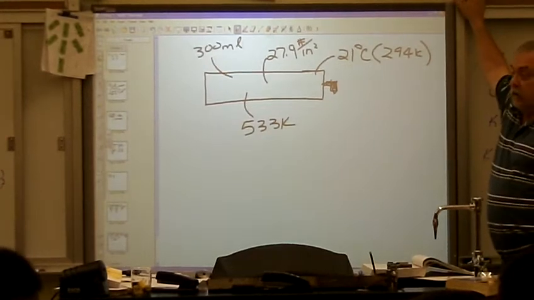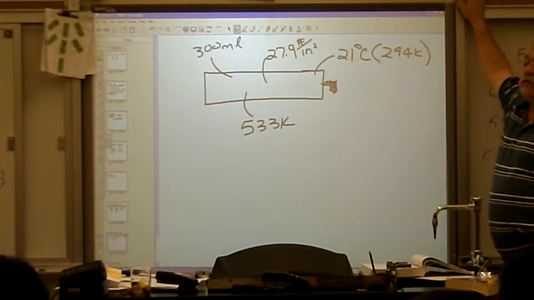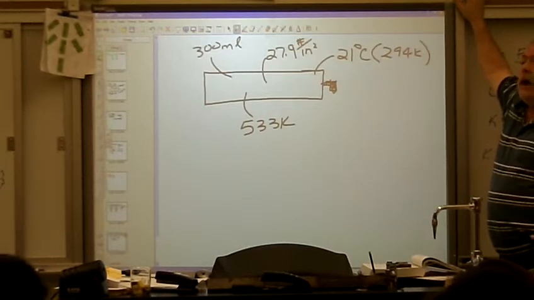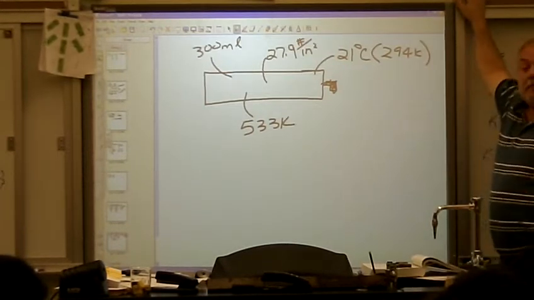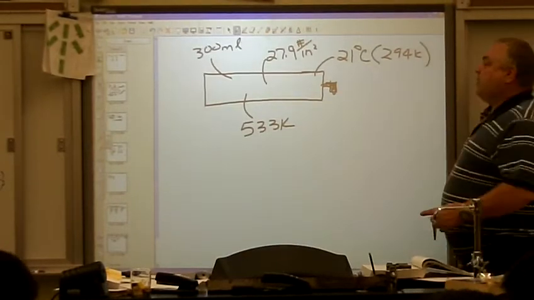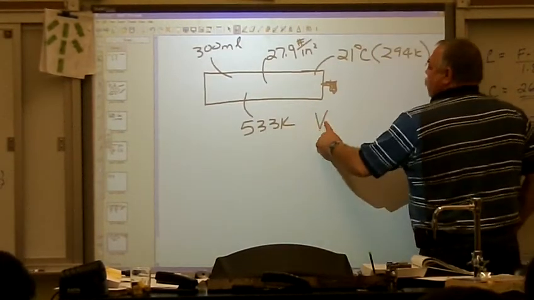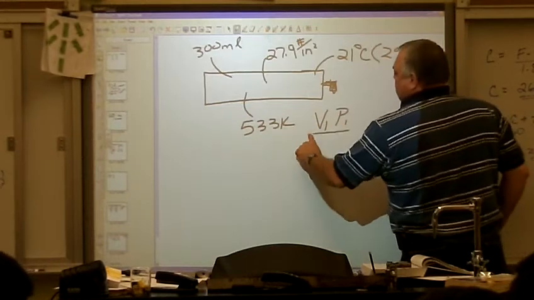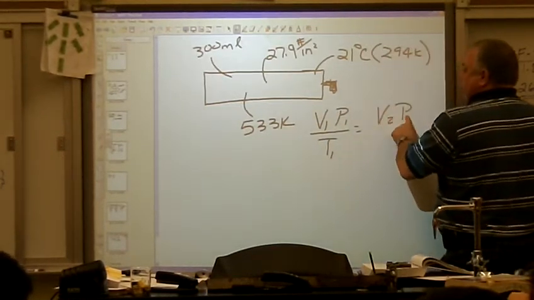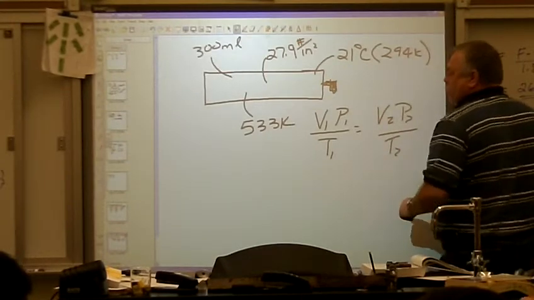Now, we used Gay-Lussac's law to solve this problem. Correct? Now, we could have also used the combined gas law. Because in the combined gas law, P1V1 over T1 equals P2V2 over T2.